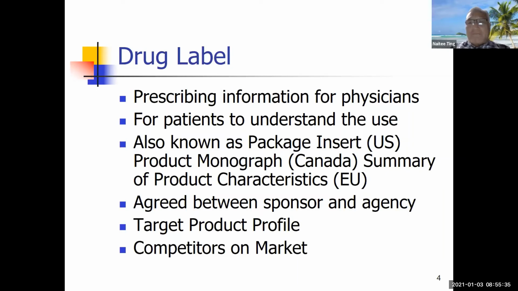But it never happens that way because you have to negotiate the label with each regulatory agency and with each country on an individual basis. So for the same drug, the company negotiates with US FDA, and they come up with the final label.